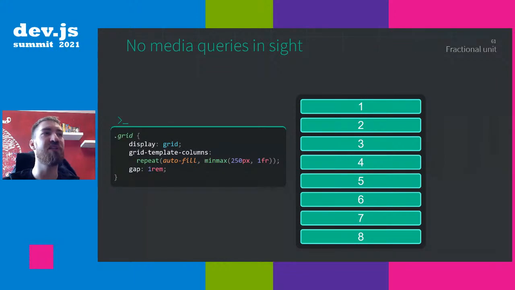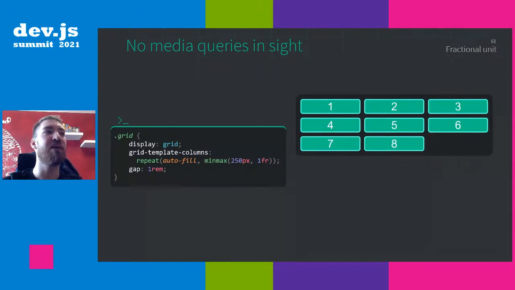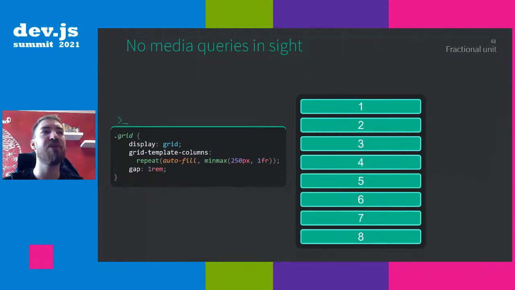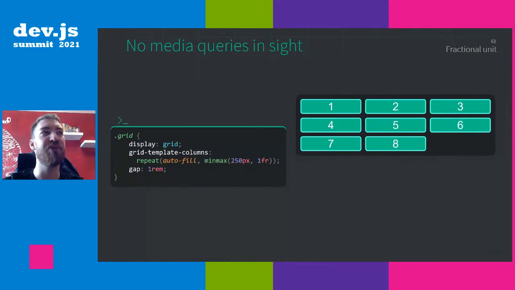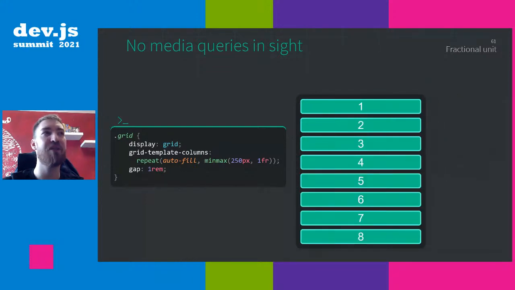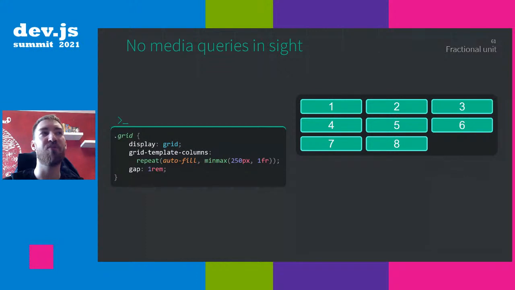And the way we do it is that we define the template columns. We use the repeat, but instead of giving it an absolute value, like I want 3 columns, I want 2 columns, I'm saying use the auto-fill algorithm to decide how many columns we need.